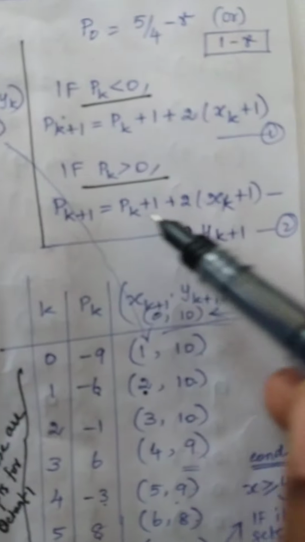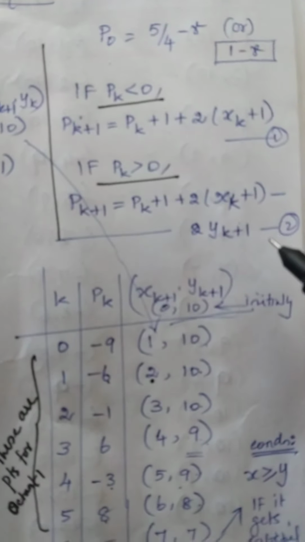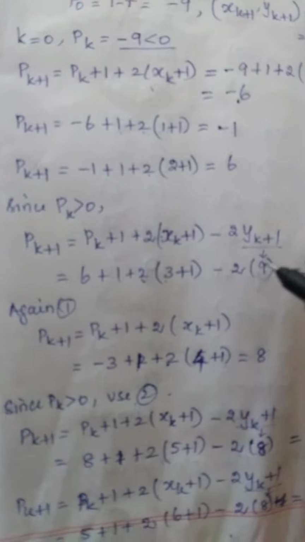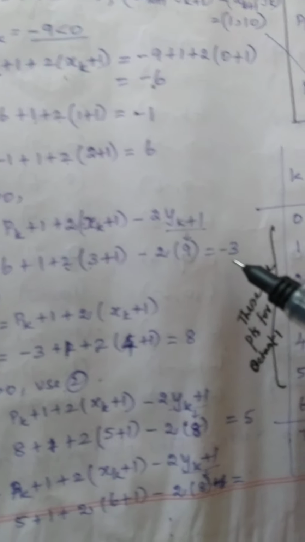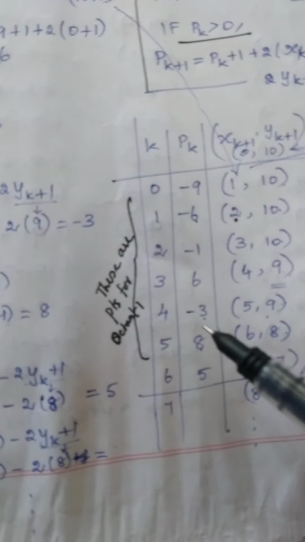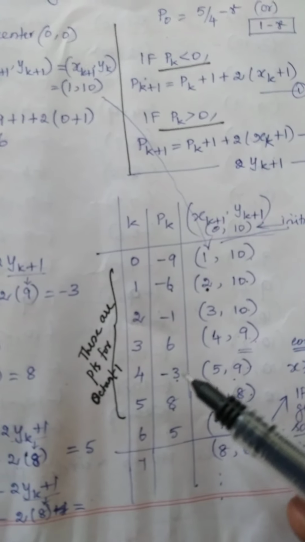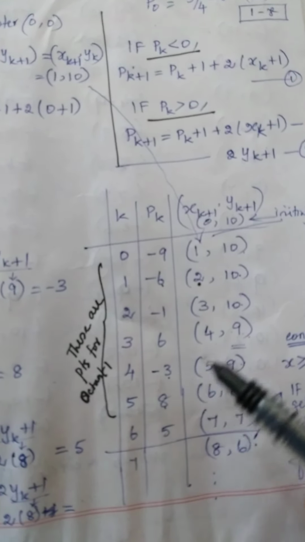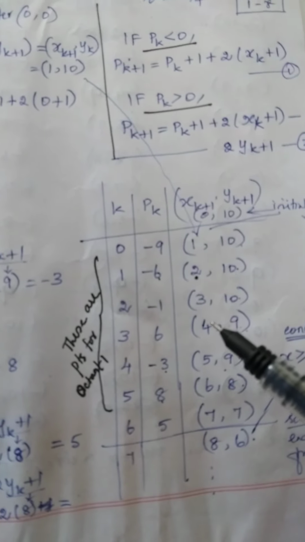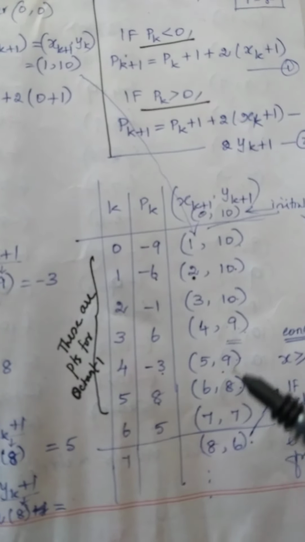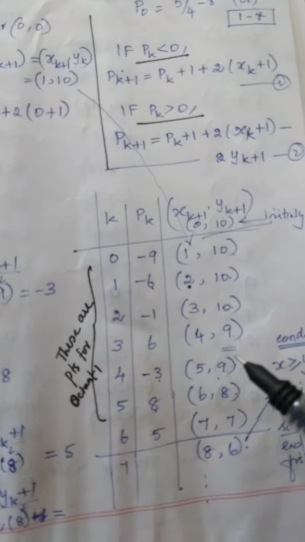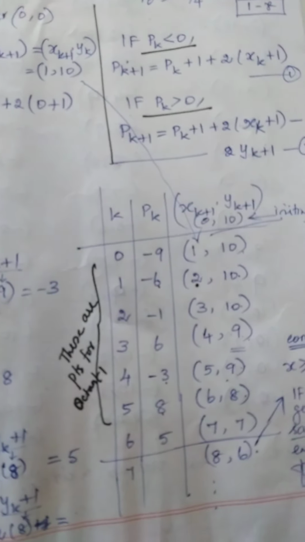A positive value means we need to change the formula. We have to use this second formula. So we are substituting all the values here and we are getting again a negative value. So pk again negative means we need to use the first formula. If it is negative, x value will be incremented as usual and y value will be the same.